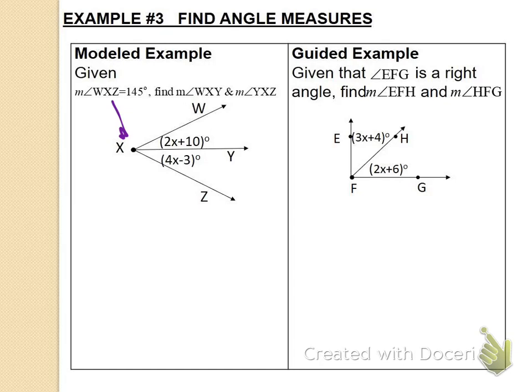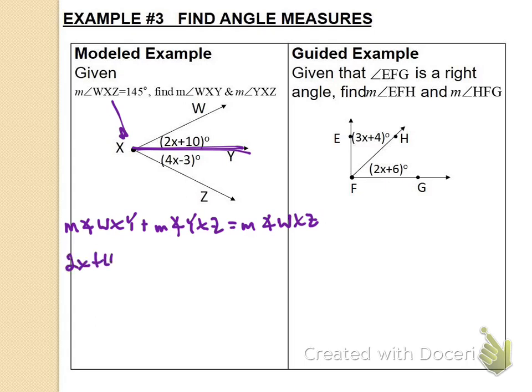So because WXY and YXZ are adjacent, they share this side, then we know that the measure of angle WXY plus the measure of angle YXZ must be equal to the measure of angle WXZ. And so now we fill in what we know, right? WXY is represented by that expression, 2x plus 10. YXZ is represented by that expression, 4x minus 3. And the measure of angle WXZ is 145 degrees.